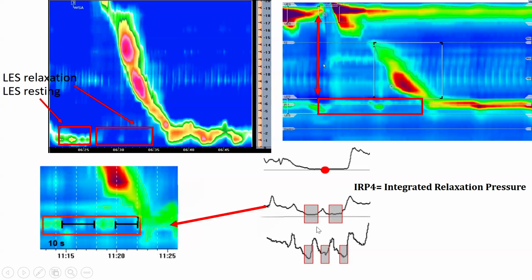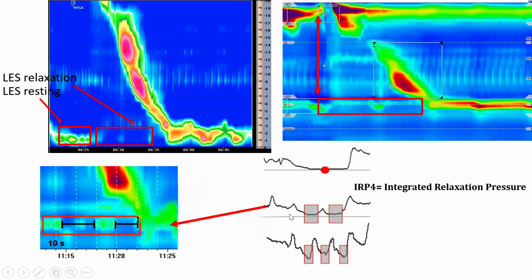Here we have low relaxing pressure, and here we also have relaxing pressure. So the software will take these two lowest pressures, but this lowest pressure should last for 4 seconds. We have two options.